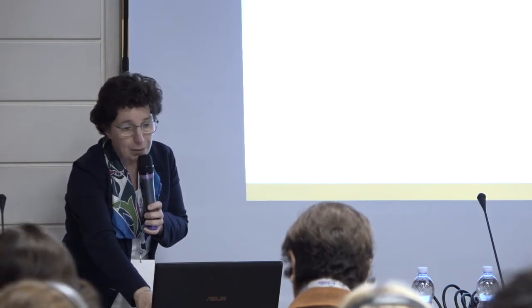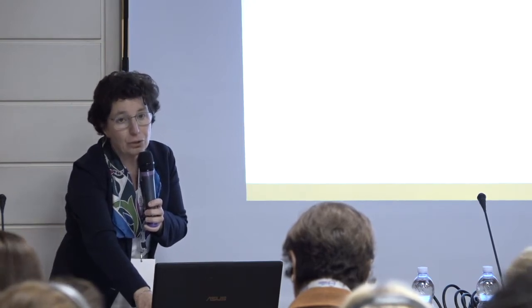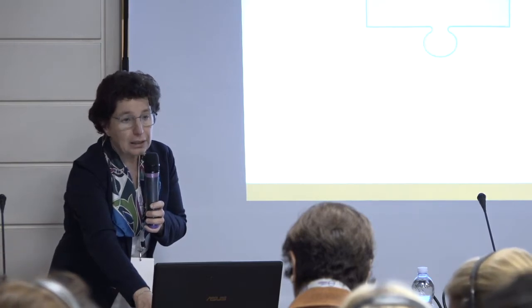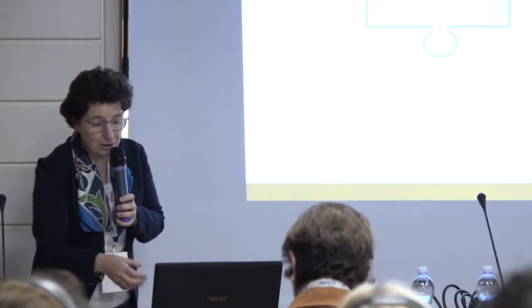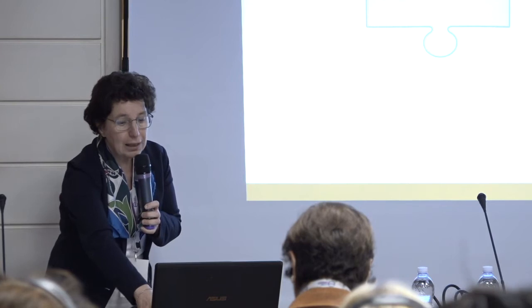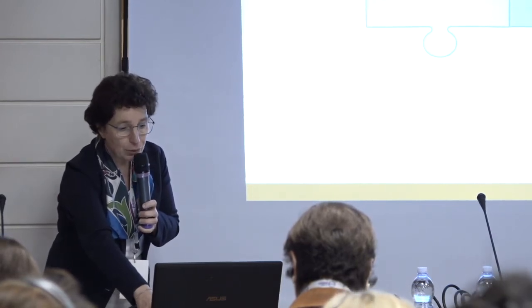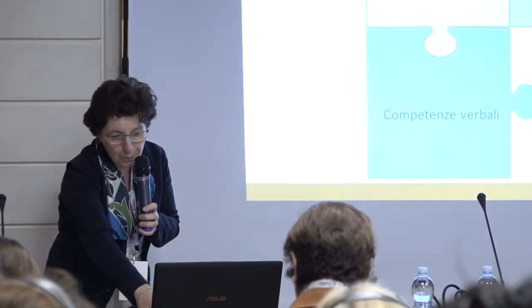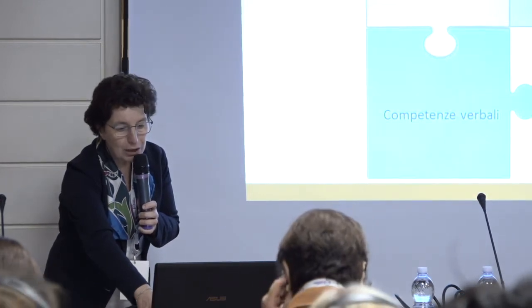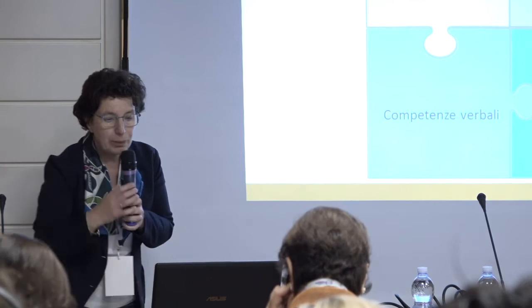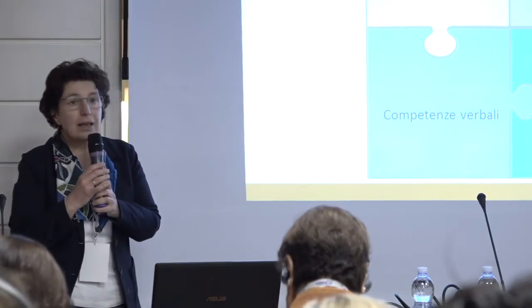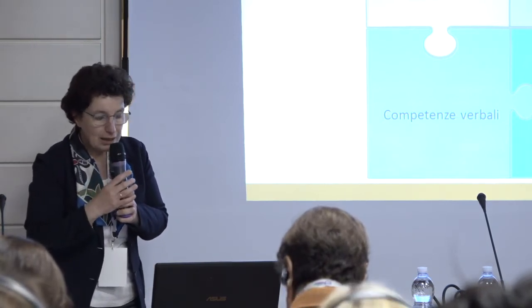So we need to say that the adaptive and cognitive profile of every child with any kind of neurological condition envisages the combination of different skills: movement skills, neuropsychological competences, verbal competences, and social skills.